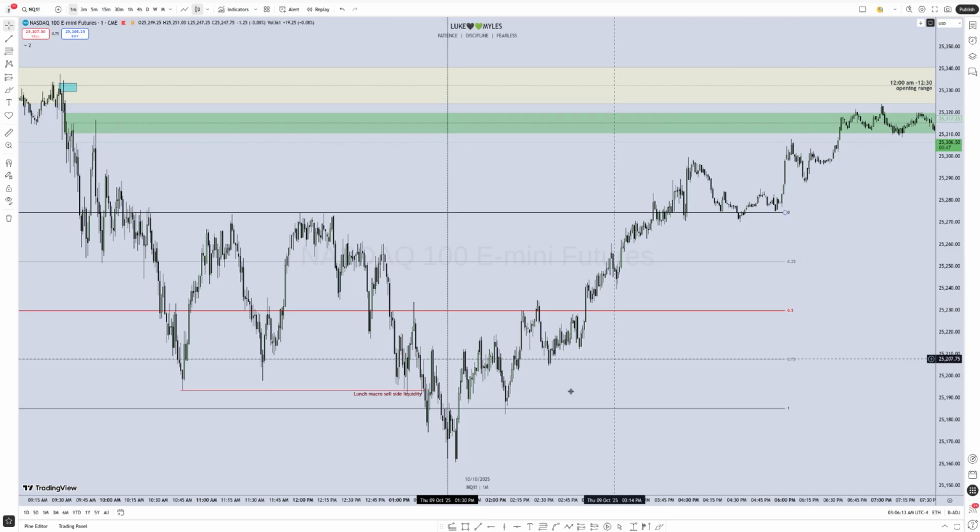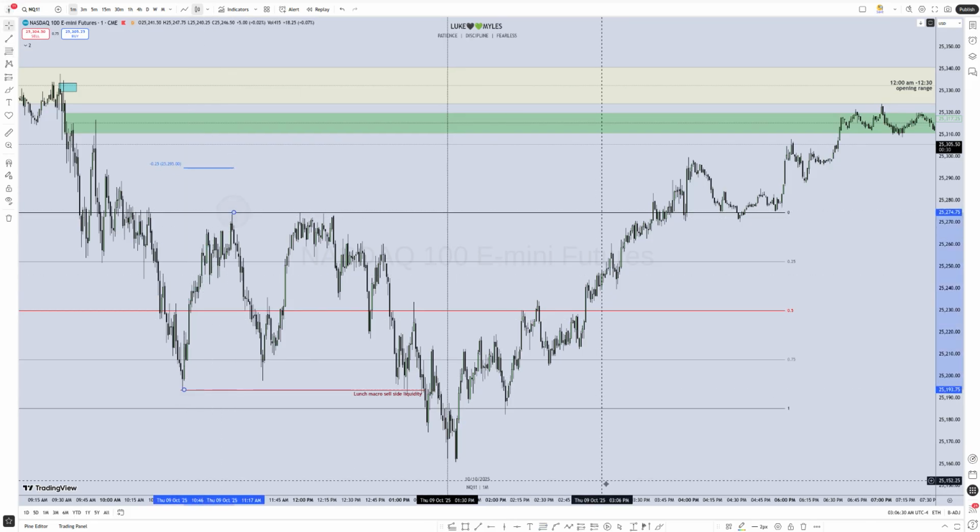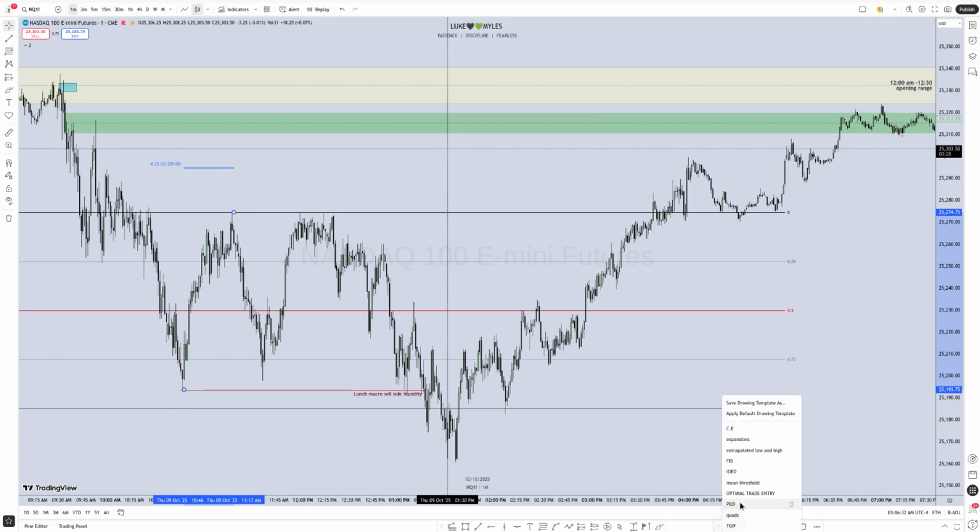So we drop down, but where do I want to have my execution? You all know the optimal trade entry levels when they are inverse. So I'm going to have my fib at that low to this high. And why am I drawing it like that?